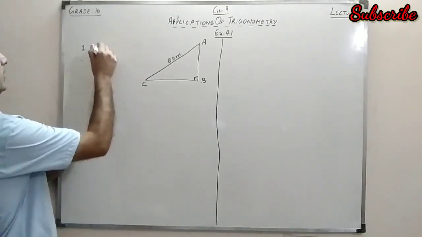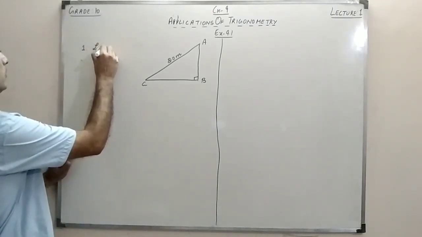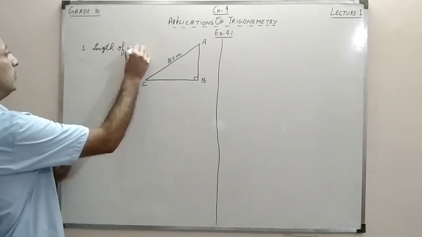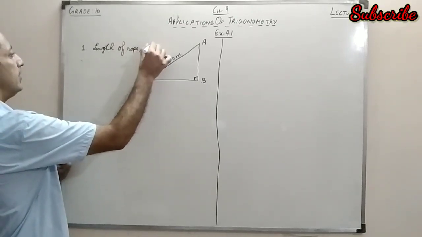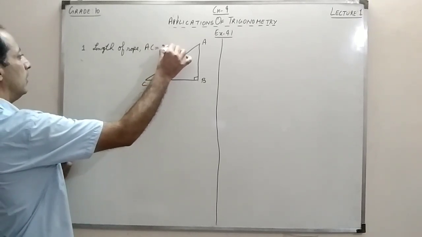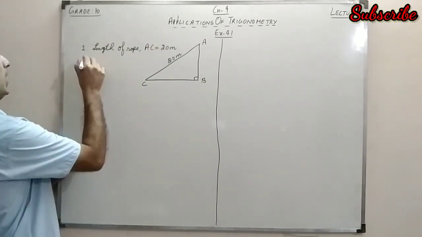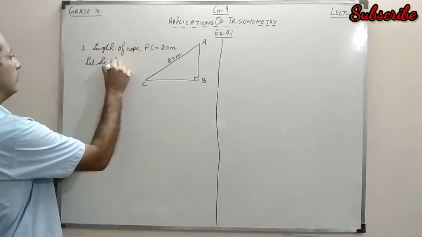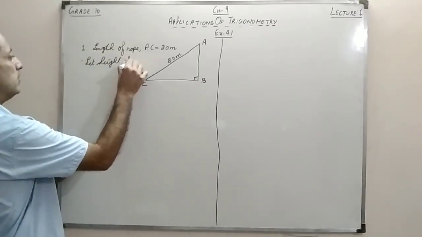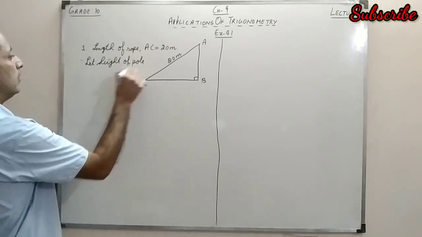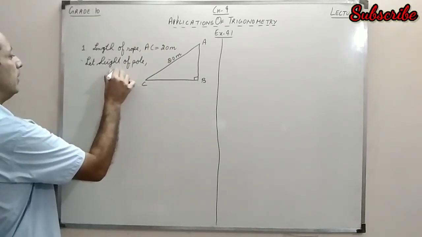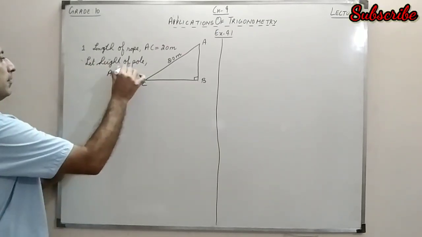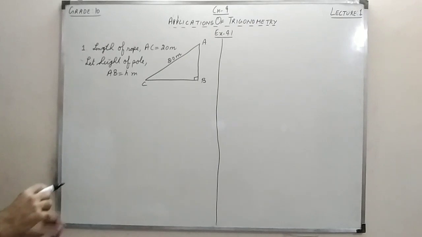So what is given here? We need to mention the things which are given. Length of rope, that is AC, is equal to 20 meters. And let the height of the pole, AB, be equal to h meters, right?